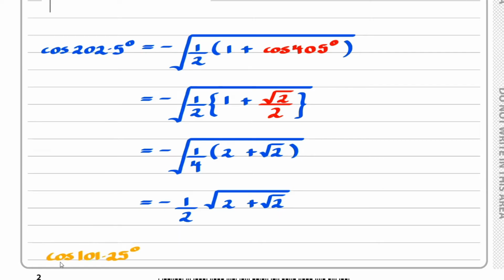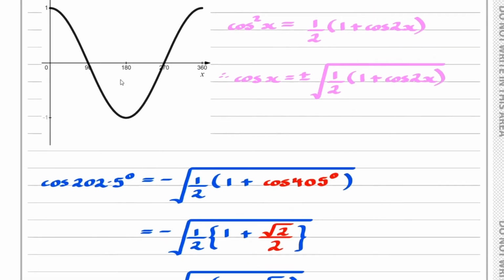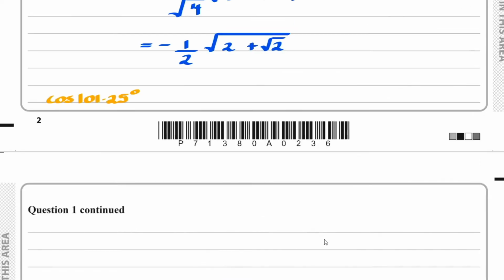If I now think about the cosine of 101.25 degrees, well, 101.25 degrees is between 90 degrees and 270 degrees, so it will be negative. So we have negative the square root of 1/2 multiplied by 1 plus the cosine of 202.5 degrees.